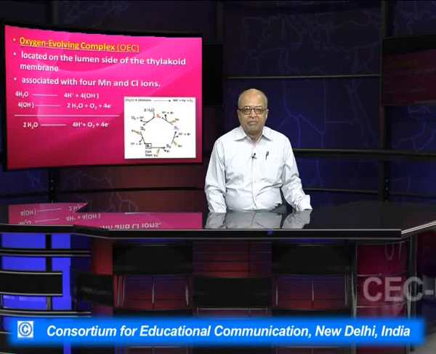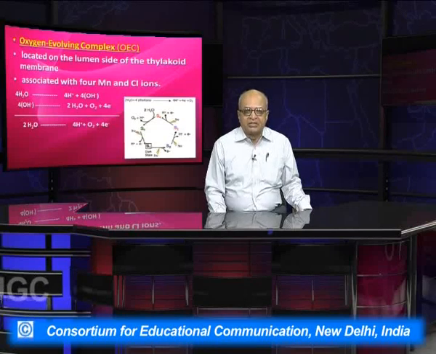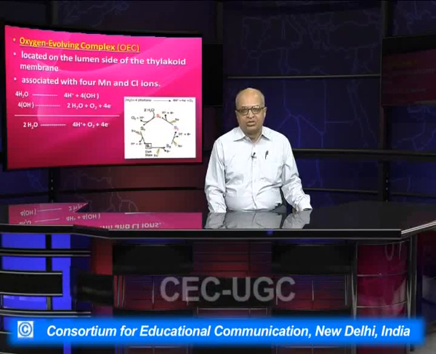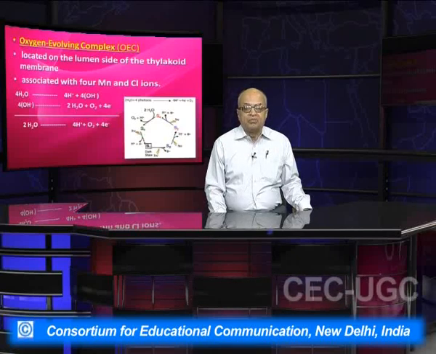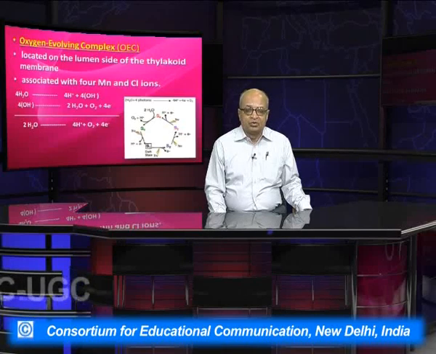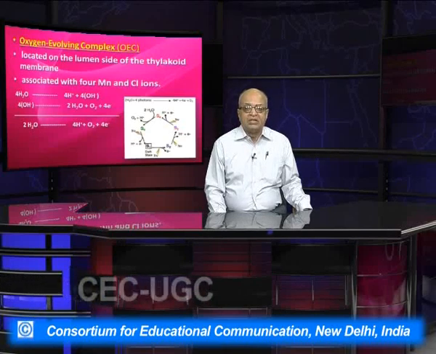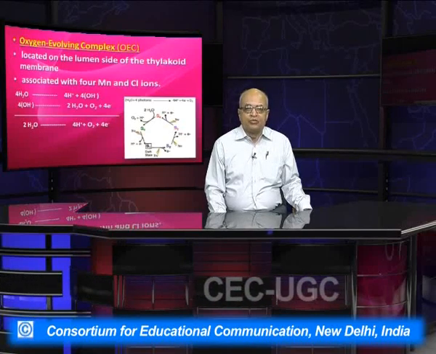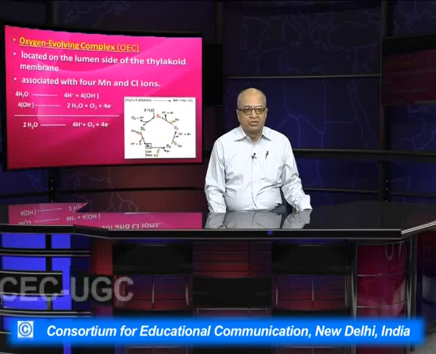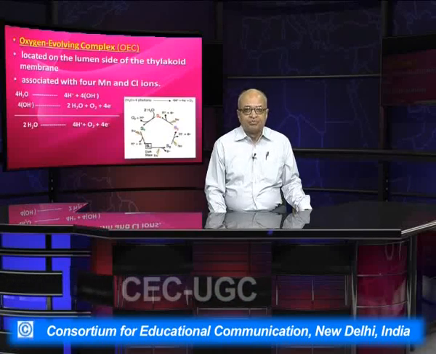So, it would mean the moment we have photoexcitation, the moment there is light energy falling on the chloroplast, the pH of the grana lumen is going to be highly acidic, because it is going to be full of H plus ions. So, that means the pH lowers and the medium becomes much more acidic.